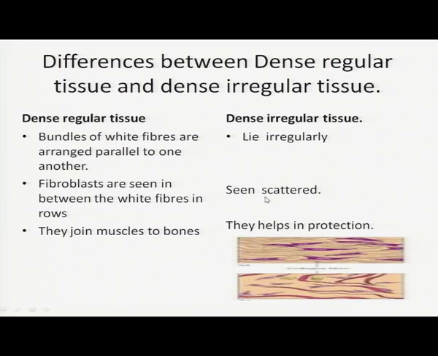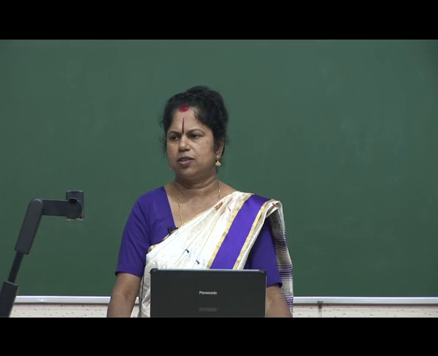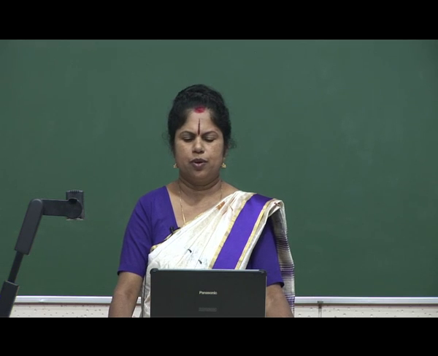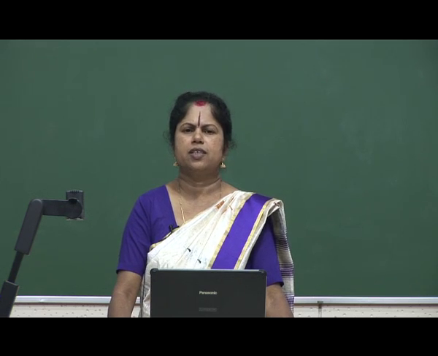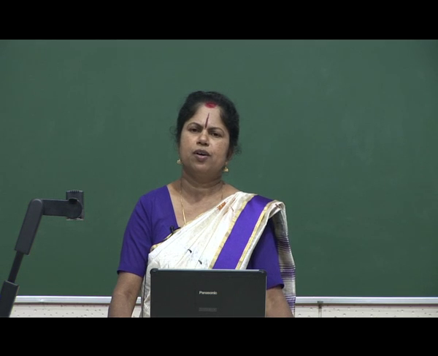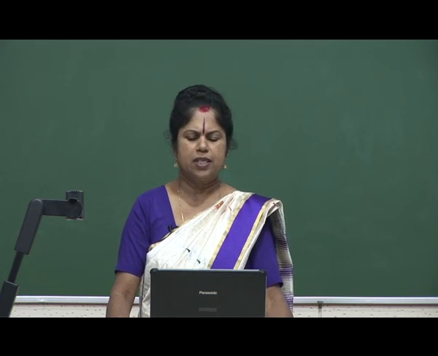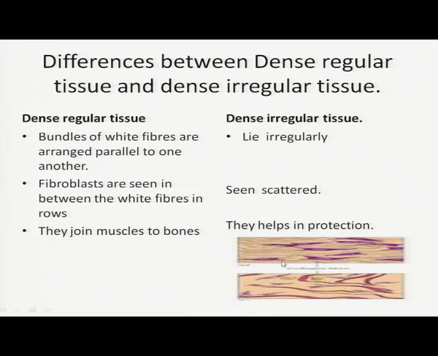And the fibroblast cells are also seen scatteredly arranged in this tissue. Their function is mainly protection. So, these are the main differences between dense regular connective tissue and dense irregular connective tissue.